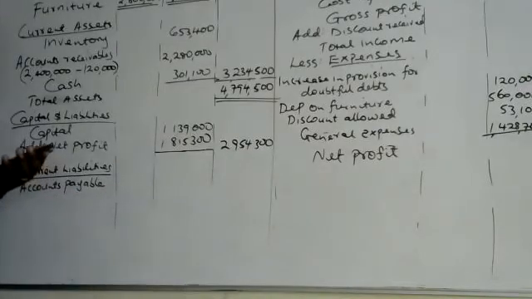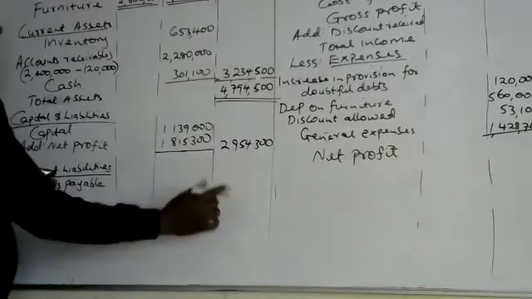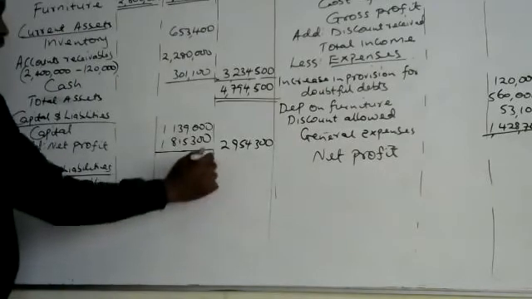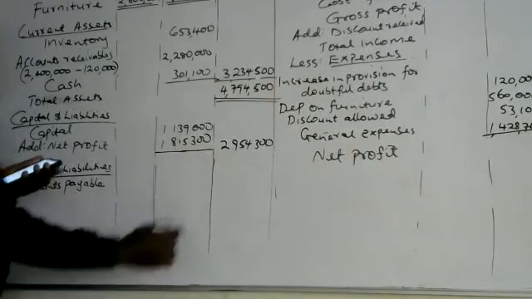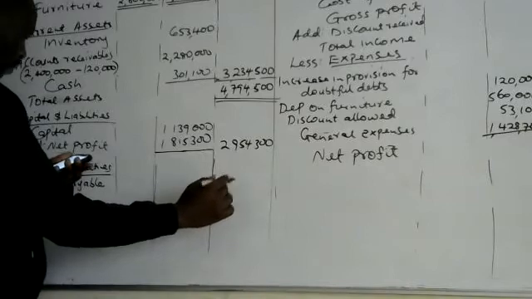And actually, it is the only current liability that we have. So there is no need of putting here and here because there is nothing else to add it to. We just put it direct there. 1,400,200.